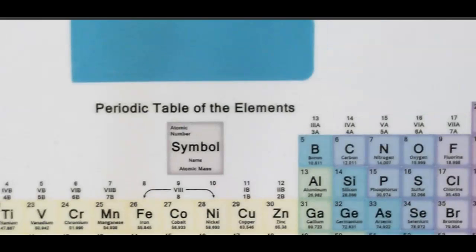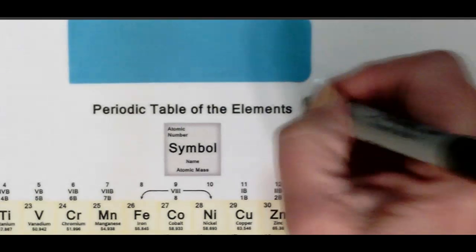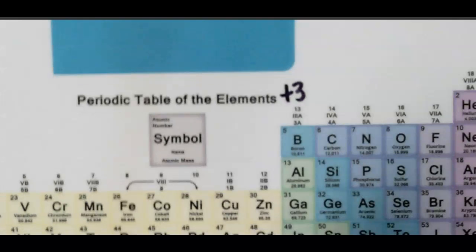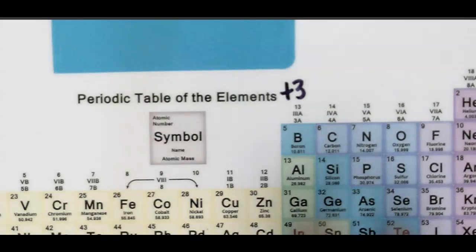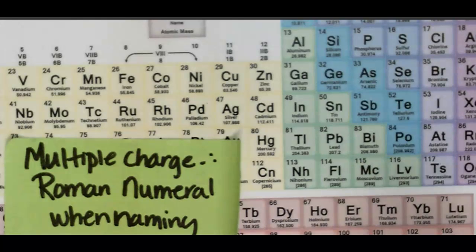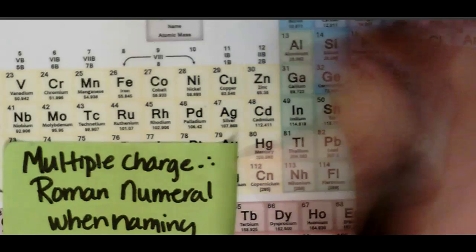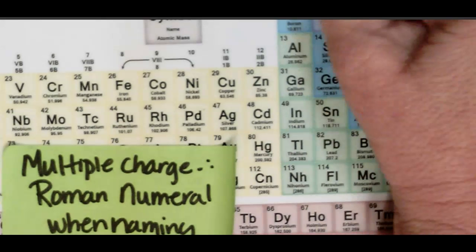When you get over to the boron family, group 13, those are +3. Now, some of those might have multiples just because some of them do act more like the transitions, such as when you get down in here to lead and tin and so forth. But for the most part, +3.